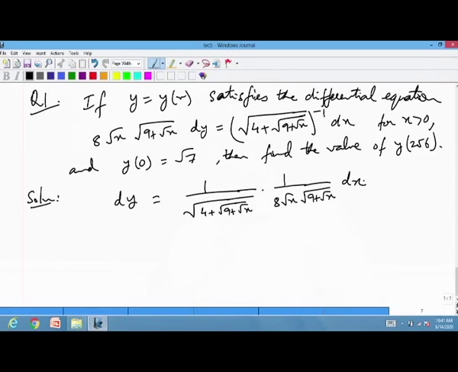So, we see that this is of the first kind variable separable equation. Now, we just integrate both sides. So, this will give y is equal to the integral of this.